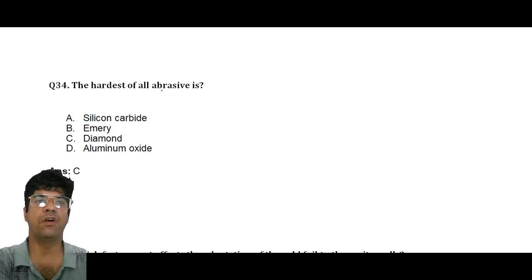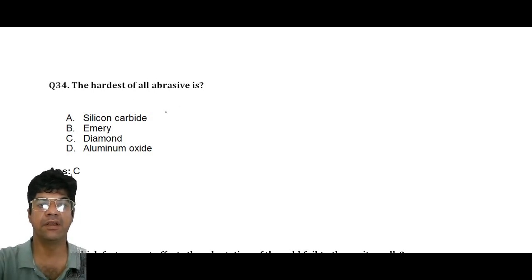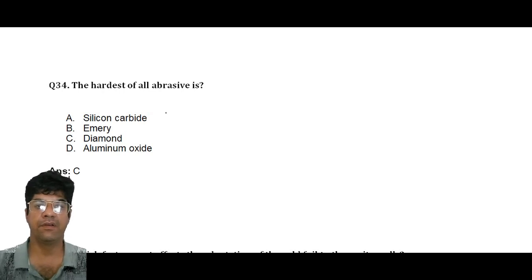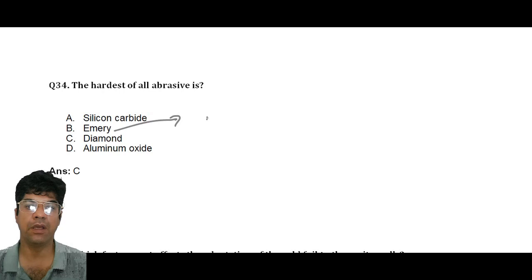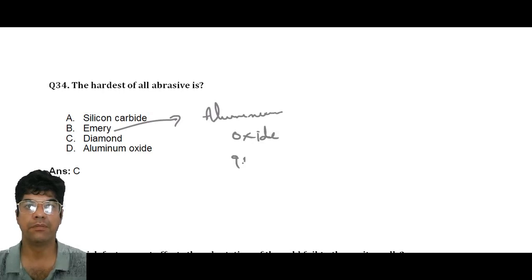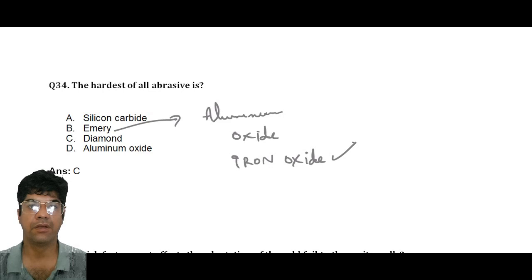The hardest of all abrasives is? The first option is silicon carbide. It is a hard abrasive, but it is not the hardest among the options provided. Emery is a natural abrasive made up of aluminum oxide and iron oxide. Diamond, yes.